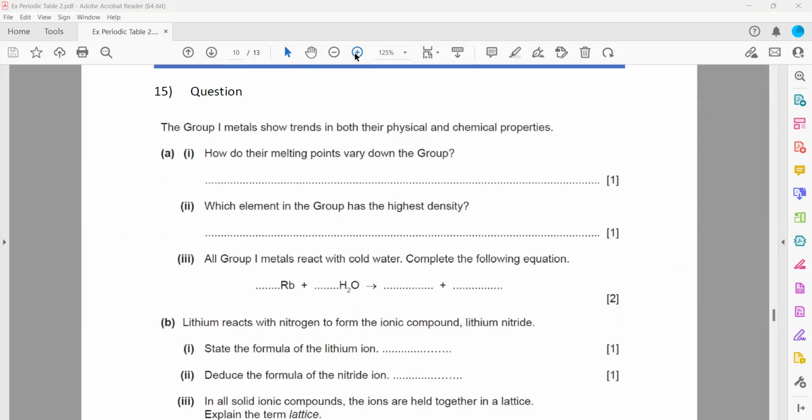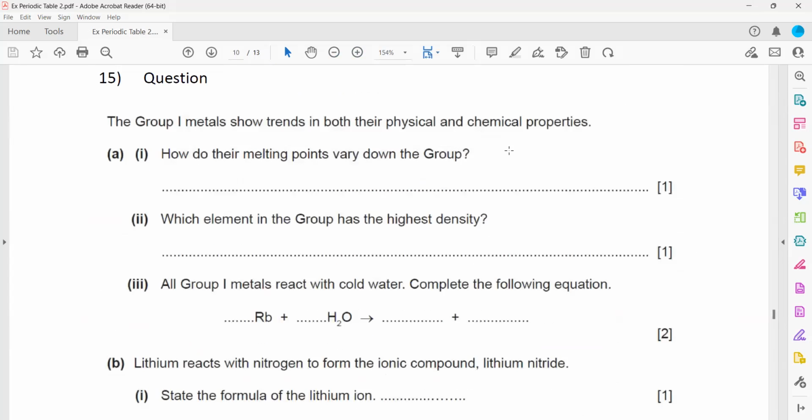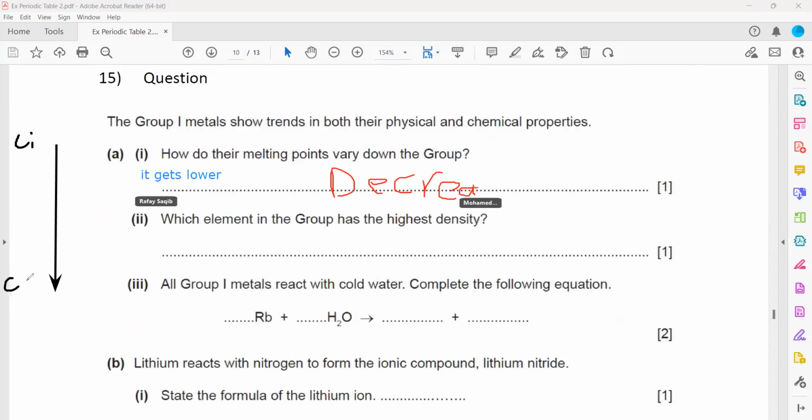In question 15, group 1 metals show a trend in both their physical properties and chemical properties. How does the melting point vary down the group for group 1? As we go down, what happens to the melting point from lithium to cesium? It gets lower, it decreases.